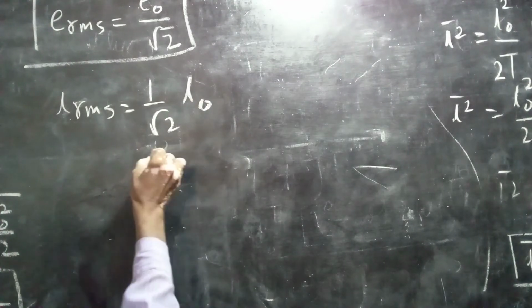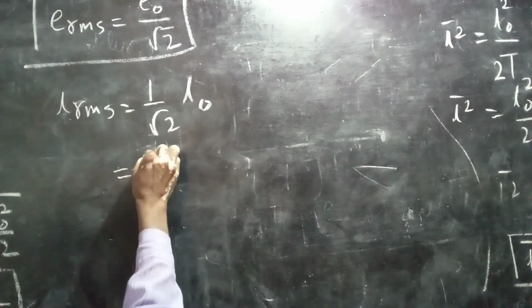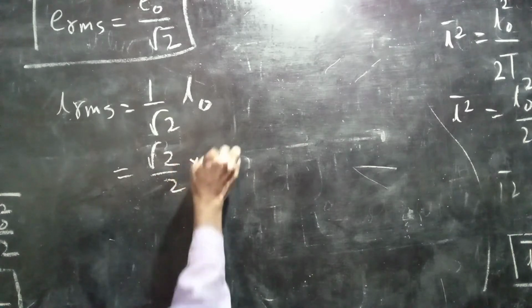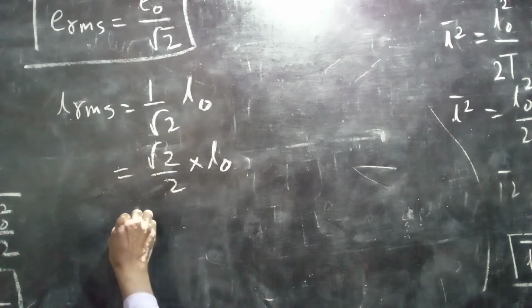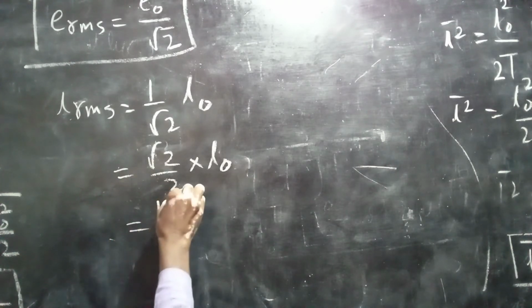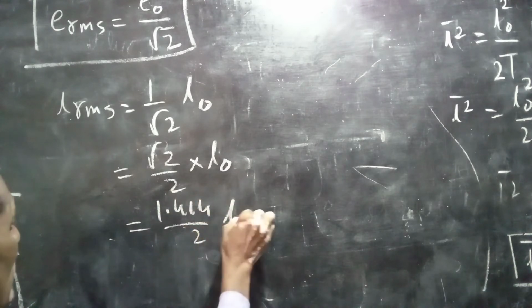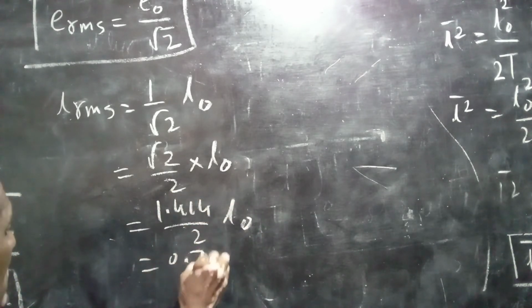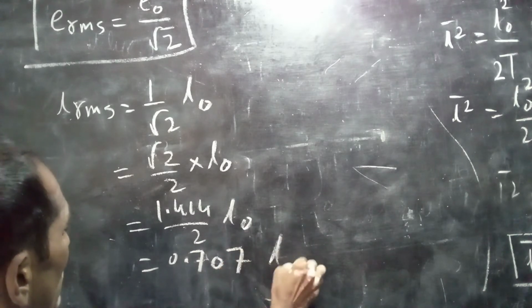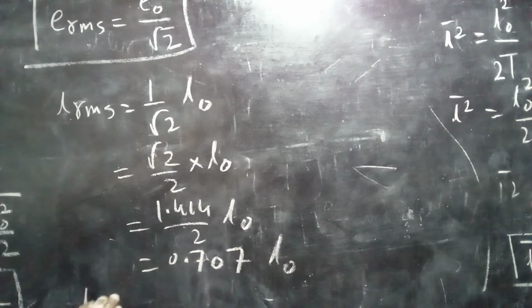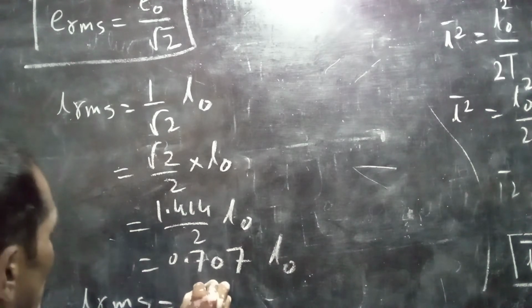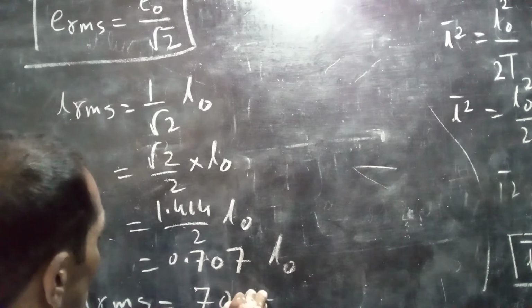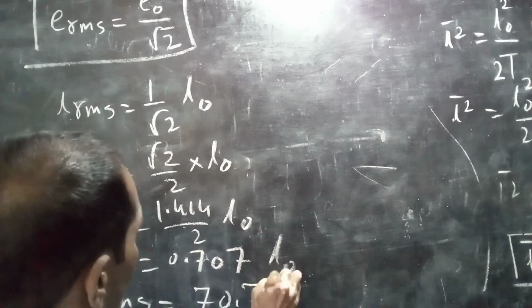We have proved this. Now rationalize: multiply numerator and denominator by root 2, then you get root 2 upon 2 into I0. The value of root 2 is 1.414, upon 2 into I0. So this becomes 0.707 I0. Thus the root mean square value of alternating current is 70.7% of peak current.